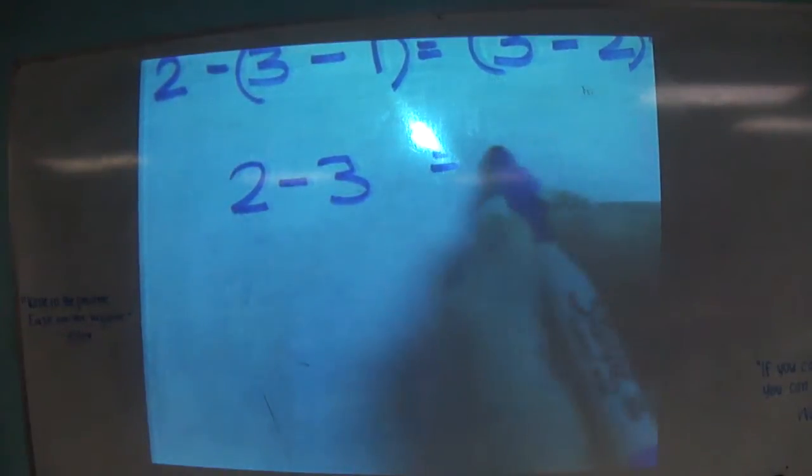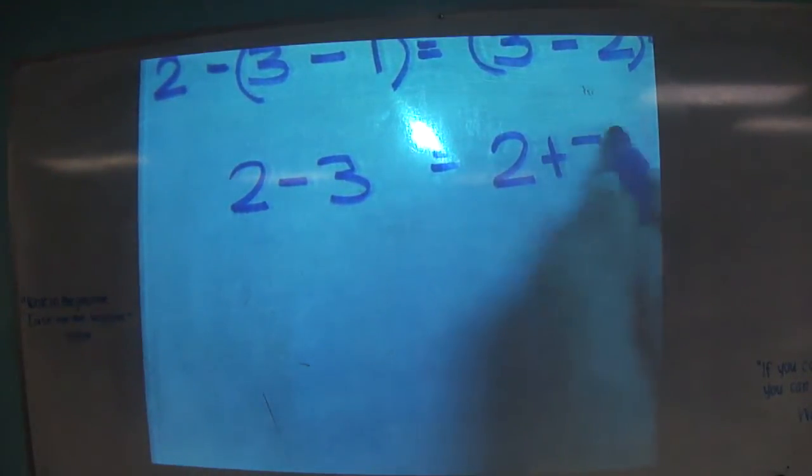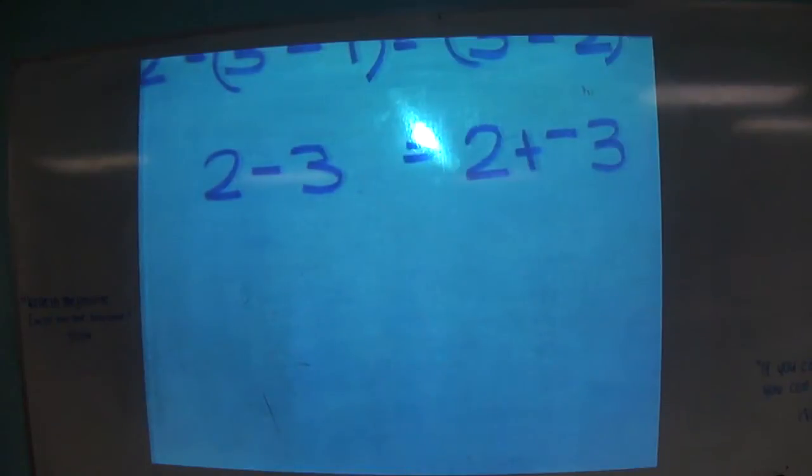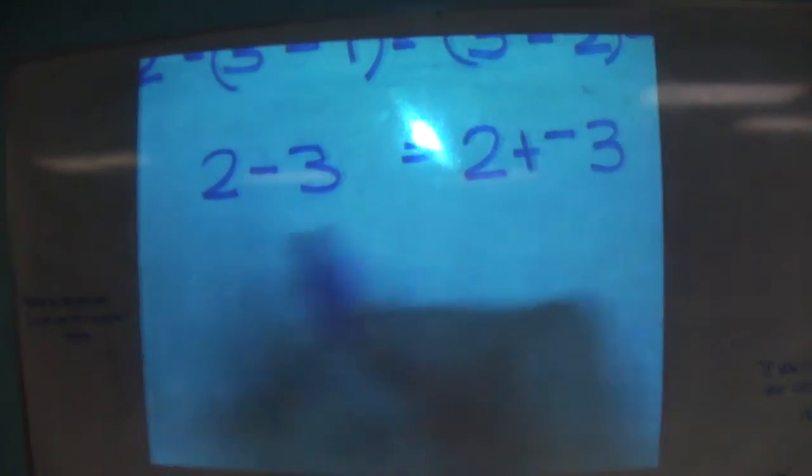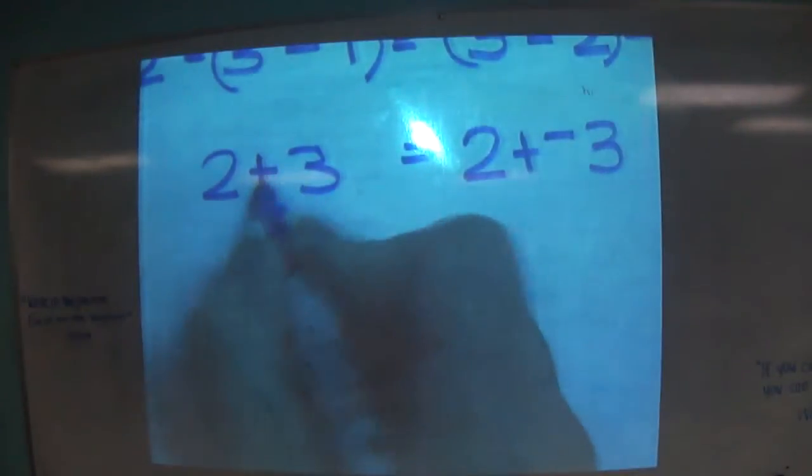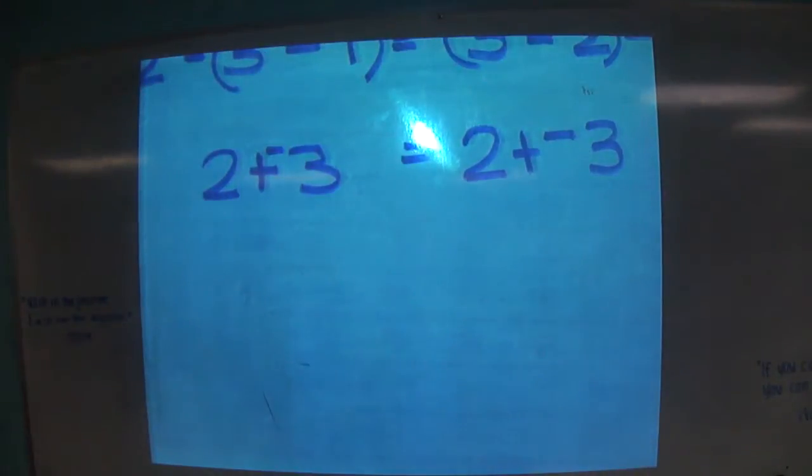If you have 2 minus 3, is that the same as 2 plus negative 3? Yes. Okay, so if this is the same, can you change subtraction to addition? Yes. So then, with addition, can you apply the associative and the commutative property where you didn't think you could before?